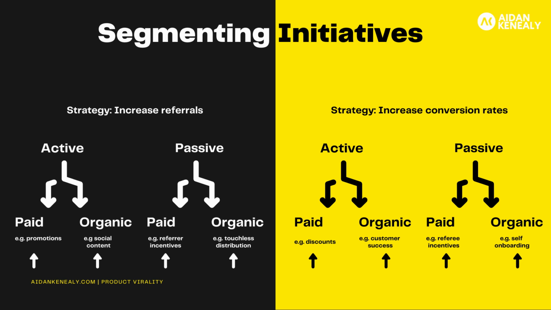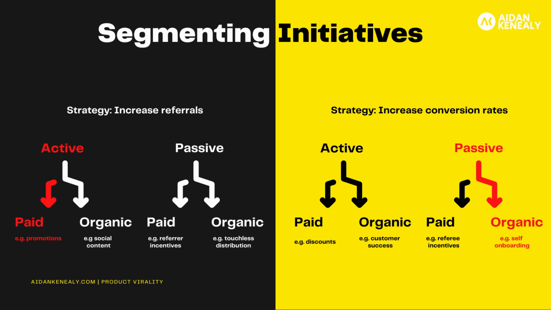As you can see, we can choose which initiatives might be appropriate to the situation at hand. We don't have to use all of these initiatives to ensure viral growth, and we can pick and choose which ones might be appropriate. We might choose to allocate a budget to an active paid tactic like promotion to increase referrals, whilst also setting our product team KPIs around self-onboarding, which would be a passive organic initiative to increase conversion rates.